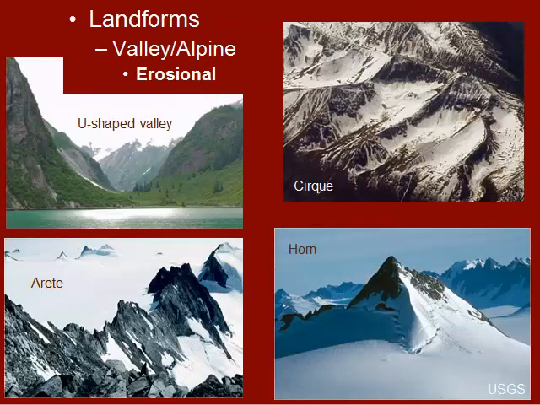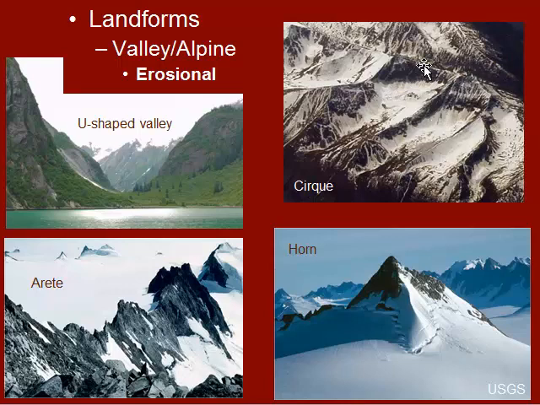Some of the landforms we see in alpine or valley glaciers are all erosional. We get these U-shaped valleys, so once the glacier melts away, we see this U-shaped valley in its place. Where the ice is forming and building up, we get these cirques. It kind of looks like someone took an ice cream scooper and scooped out the mountainside.